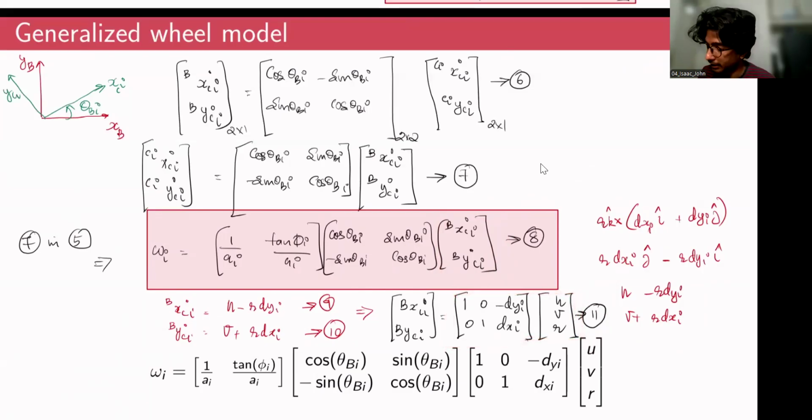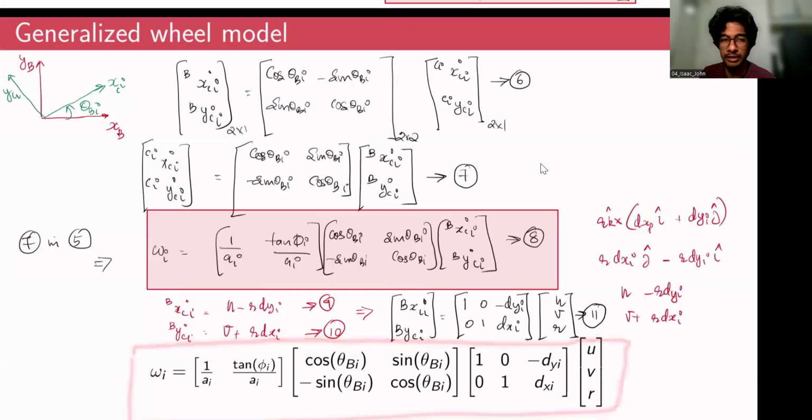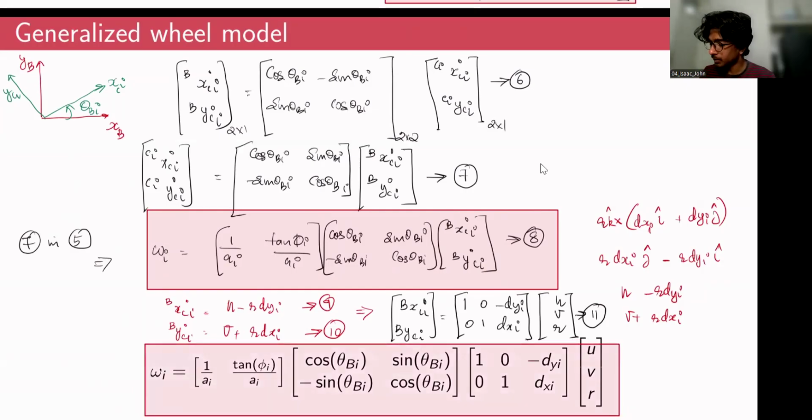So in effect, we will get this final lengthy transformation matrix that essentially maps the wheel angular velocity to the velocity coordinates of the body frame of reference. So this is basically the generalized wheel model that maps the angular velocity of the wheel to the velocity coordinates of the body fixed frame of reference.